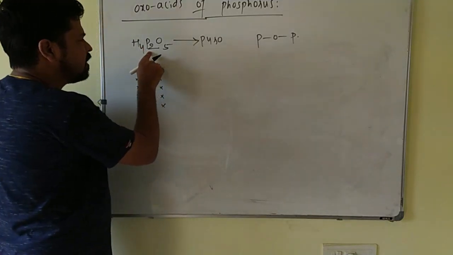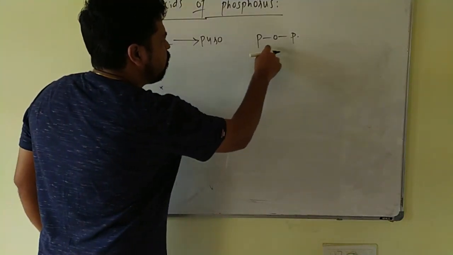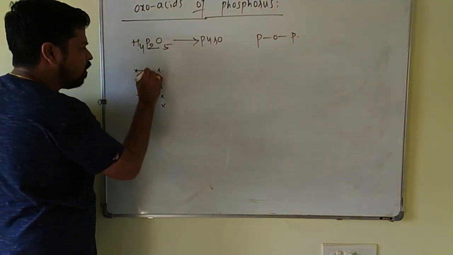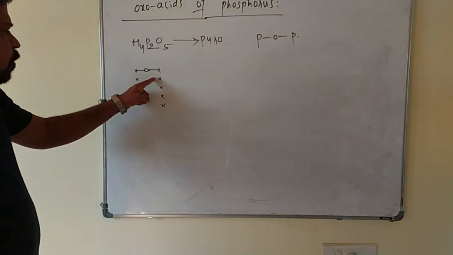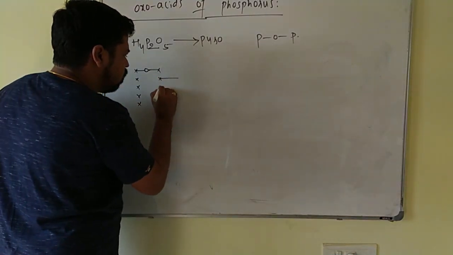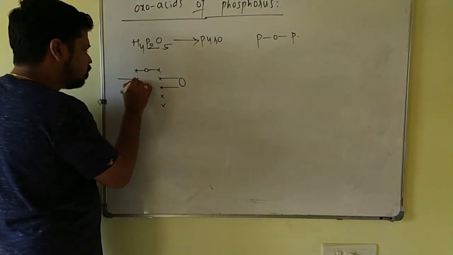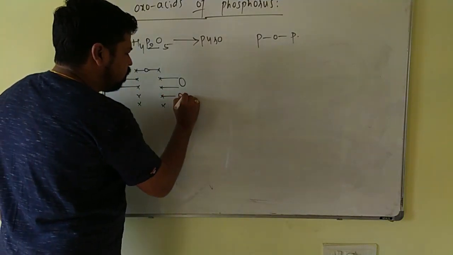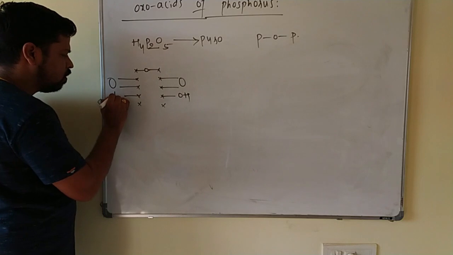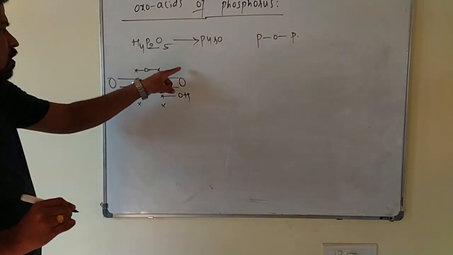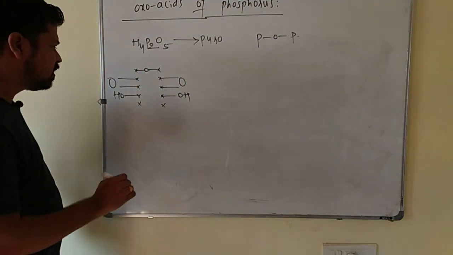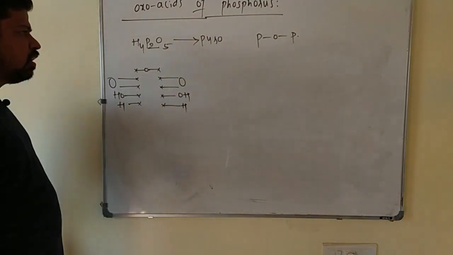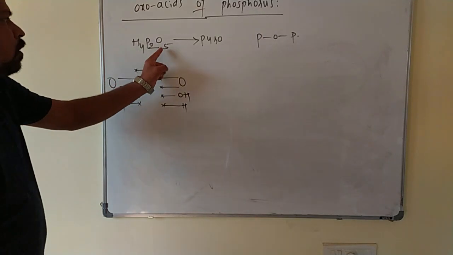The 2 phosphorus atoms are connected by 1 oxygen, so between these two I will add 1 oxygen. Next, each phosphorus atom must contain an oxygen double bond, and it also has one OH bond. So all 5 oxygens are utilized here, and the remaining 2 hydrogens you directly connect to the phosphorus. So this will be the structure of H4P2O5.